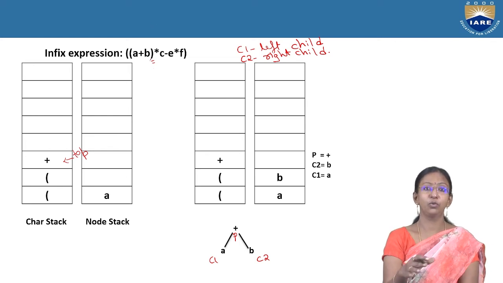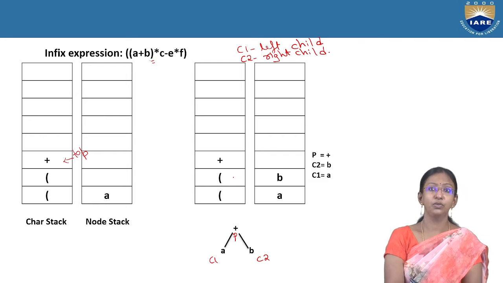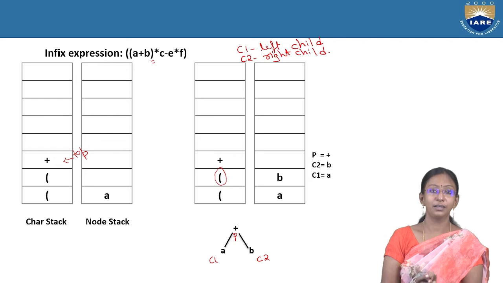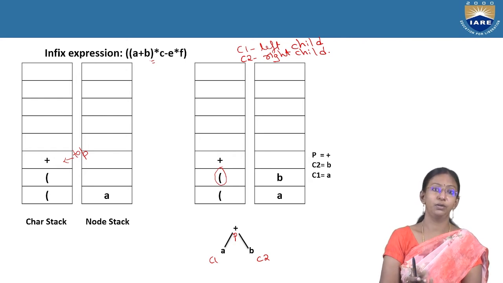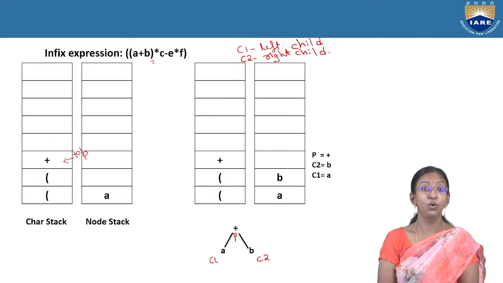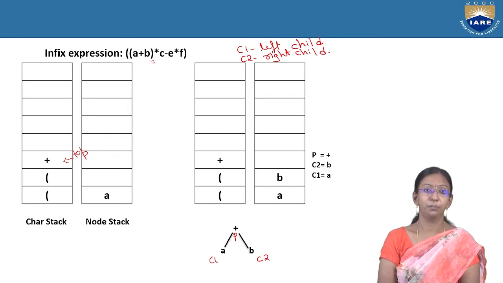as you have done all this homework because you have encountered a closing bracket, remove one of the opening brackets from your character stack, right? Which homework? Picking the top element from the character stack, making it the parent, picking the top two elements from the node stack, making them the left and right children of the parent.